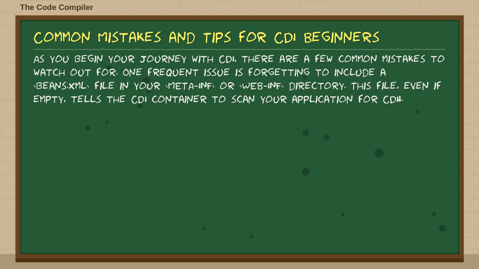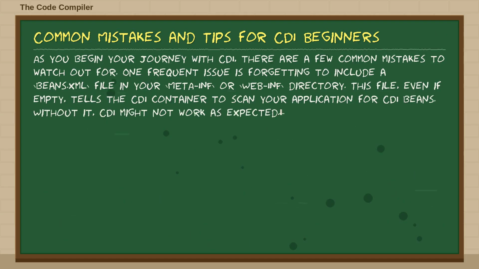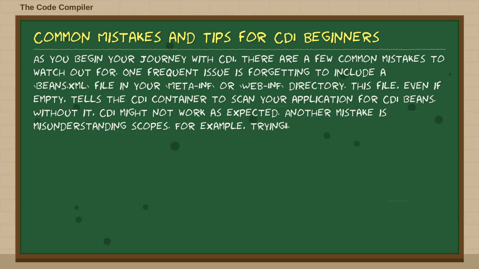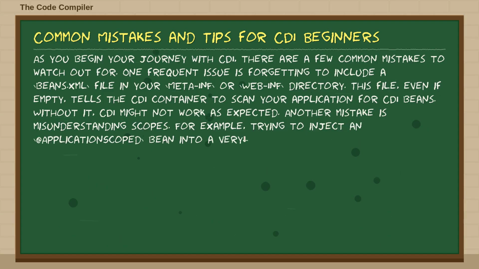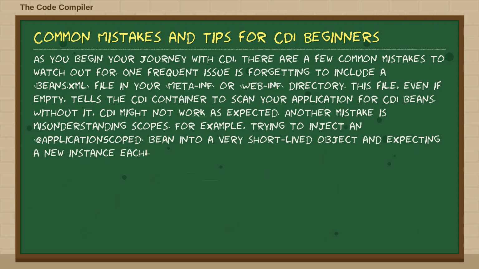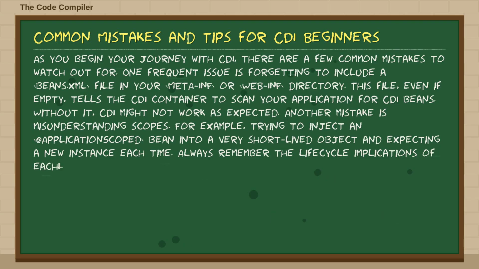Without it, CDI might not work as expected. Another mistake is misunderstanding scopes. For example, trying to inject an application scoped bean into a very short-lived object and expecting a new instance each time. Always remember the life cycle implications of each scope.